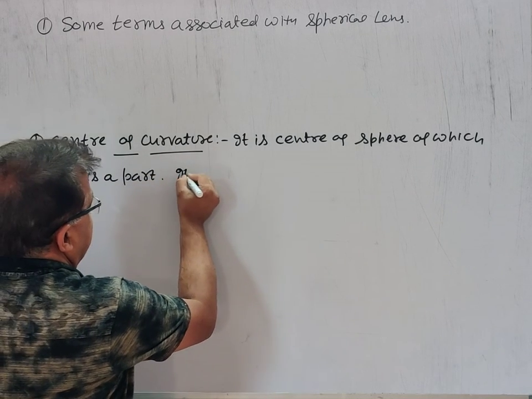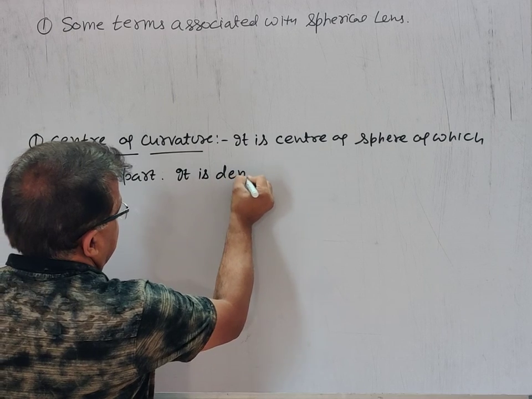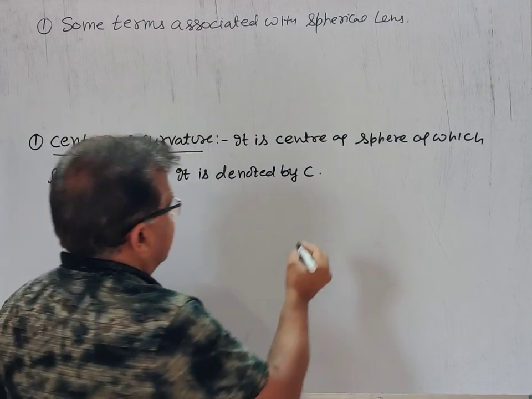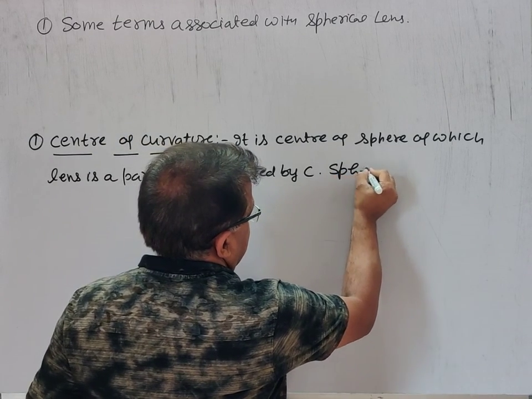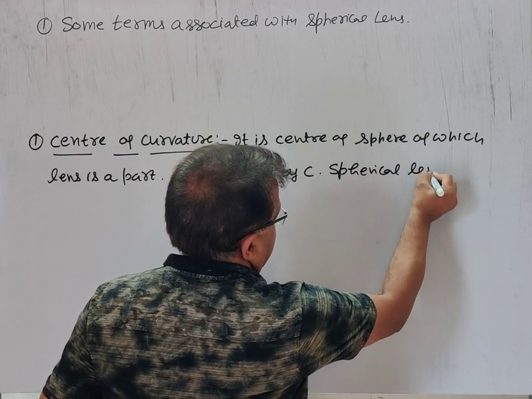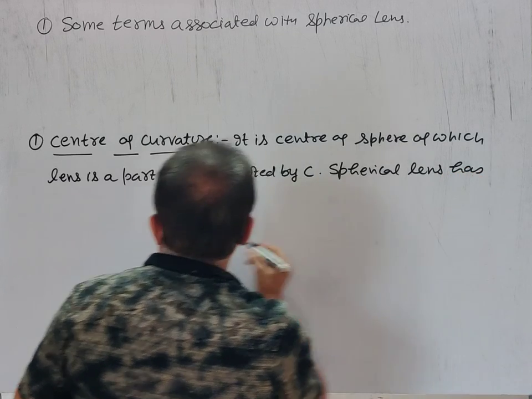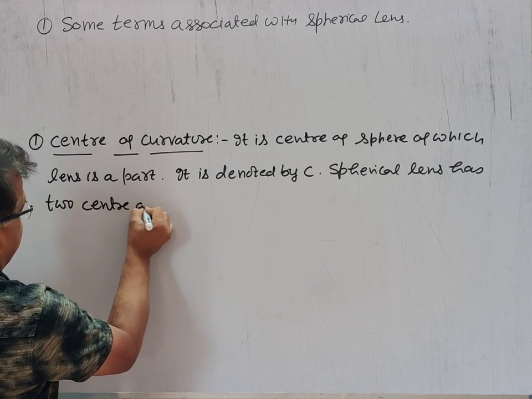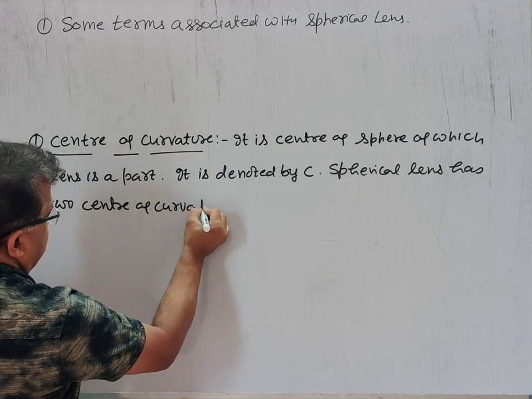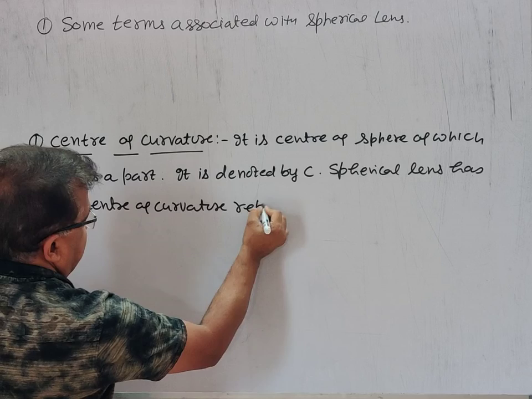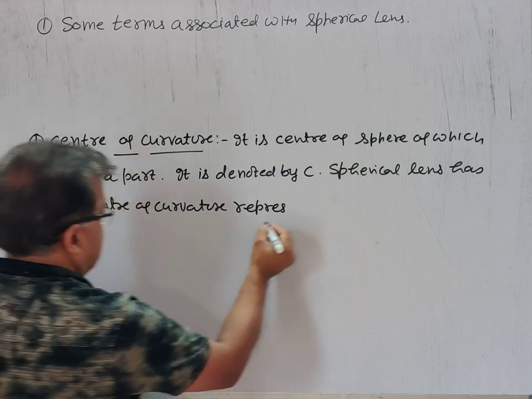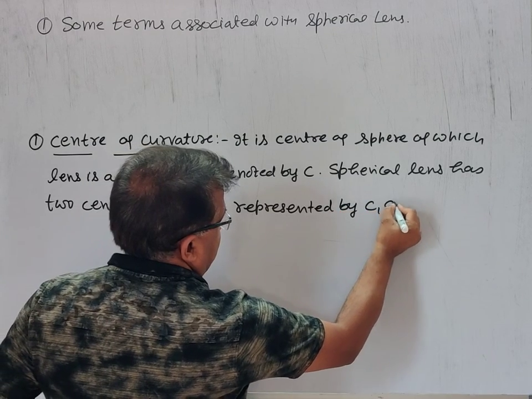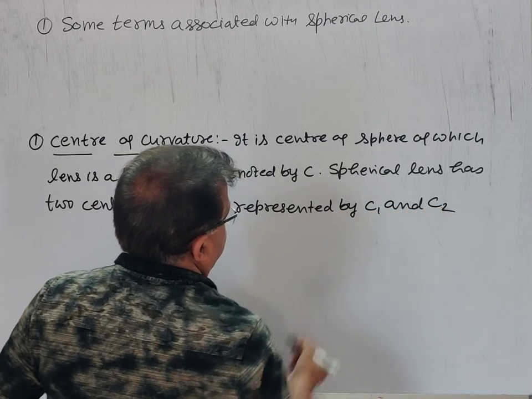It is denoted by C. A spherical lens has two centers of curvature, represented by C1 and C2.